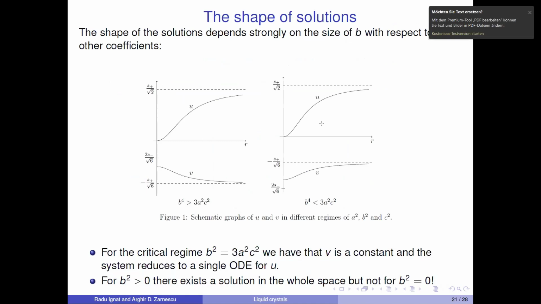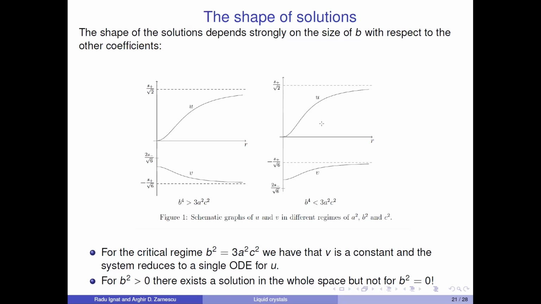Okay, and then being a system of ODEs, it's nice from a qualitative point of view, and indeed, as Radu was saying, you have a sharp distinction between the case when p^4 is greater than p^2 and when it's strictly less.